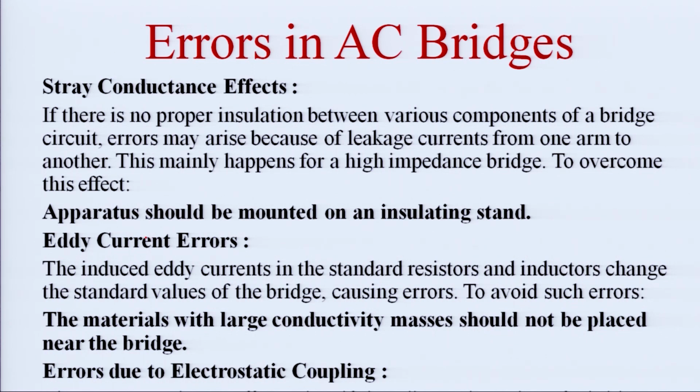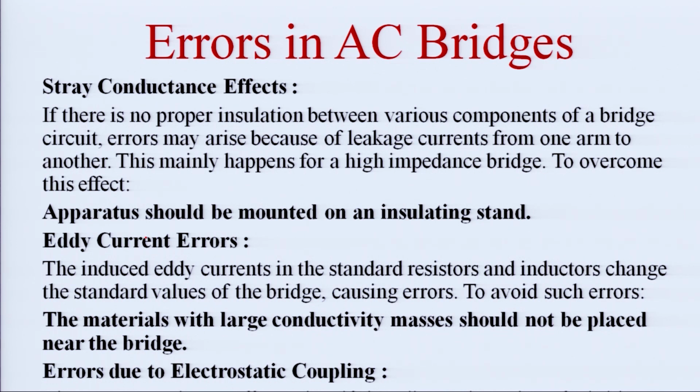If no proper insulation is provided between the various components of the bridge, this error will be caused by leakage current from one arm to another. This type of error happens when we are using high impedance bridges. To overcome this error, the apparatus should be mounted on an insulating stand.